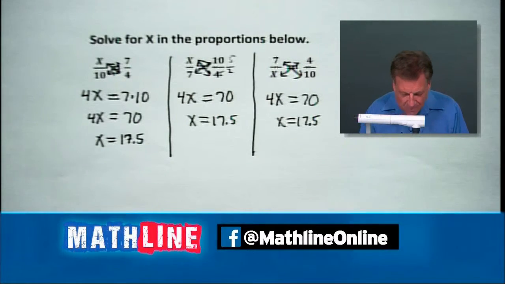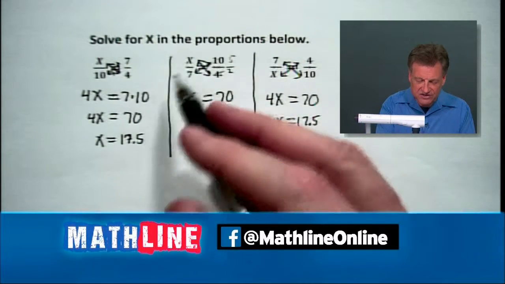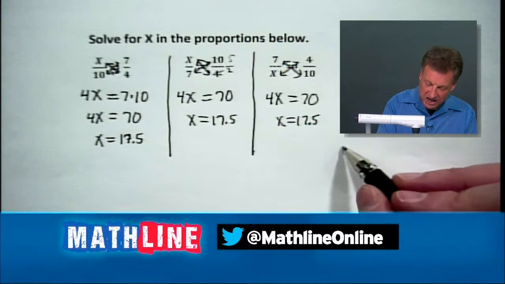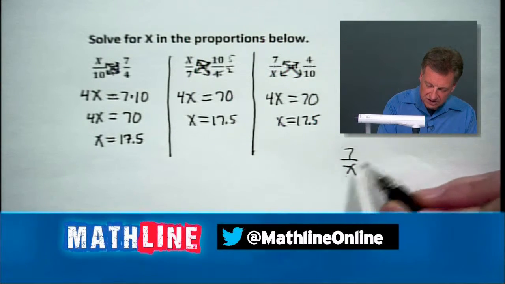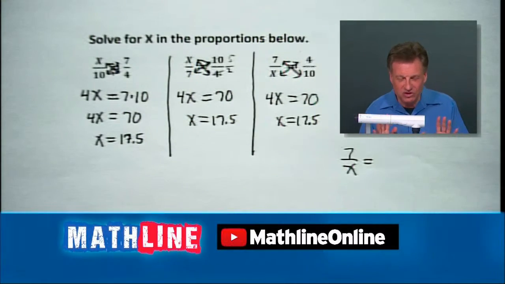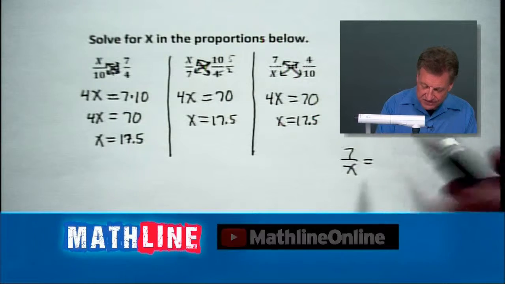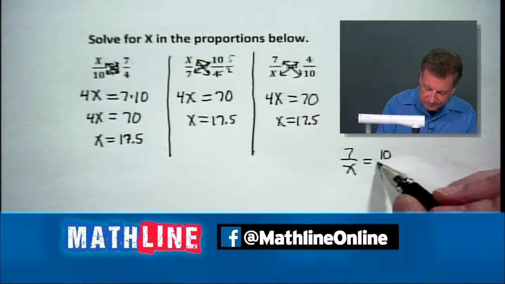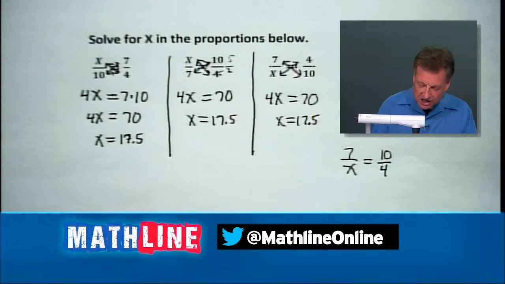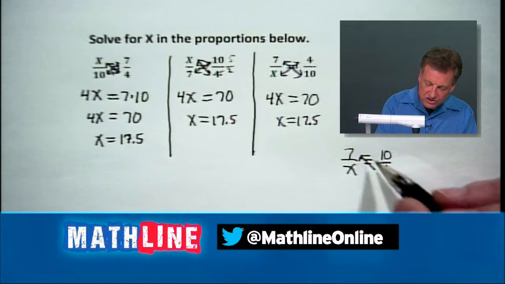Now I said, what would happen if we did decide not to follow suit here? In other words, let's say I changed that 7 over x and forgot. We ever do that? And left 10 over 4 going here. I'm going to tell you, it's going to be a different story, isn't it? Because you're cross multiplying. There you go. There's your extremes working.